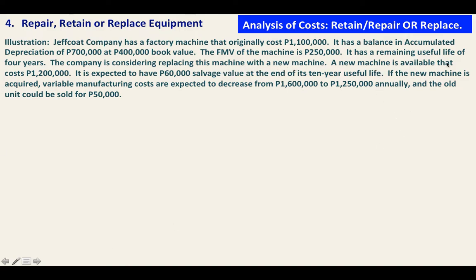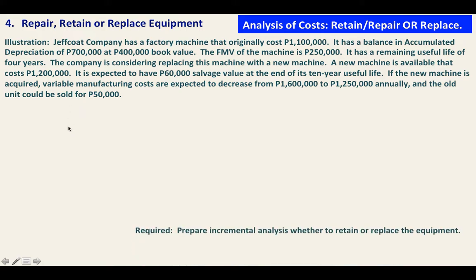A new machine is available that costs 1,200,000. It is expected to have 60,000 salvage value at the end of its 10-year useful life. If the new machine is acquired, the variable manufacturing costs are expected to decrease from 1,600,000 to 1,250,000 annually, and the old unit could be sold for 50,000.